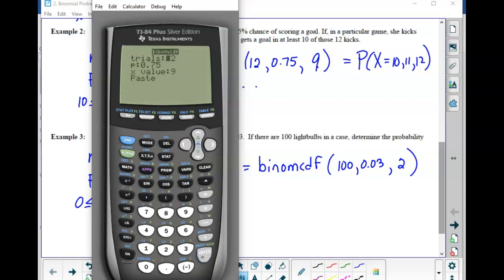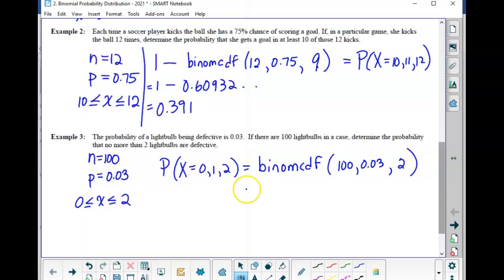Now we're doing 100, 0.03, and then 2. Okay, so then rounding to 3 digits, the 7 makes this go up, so that's going to be 0.420.